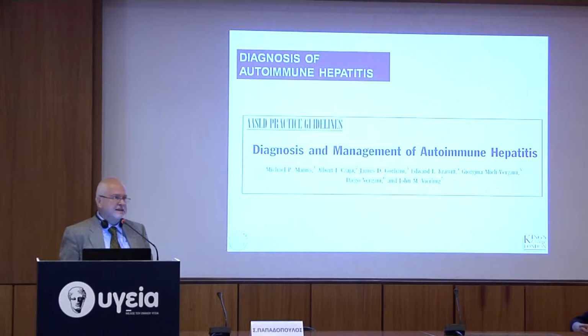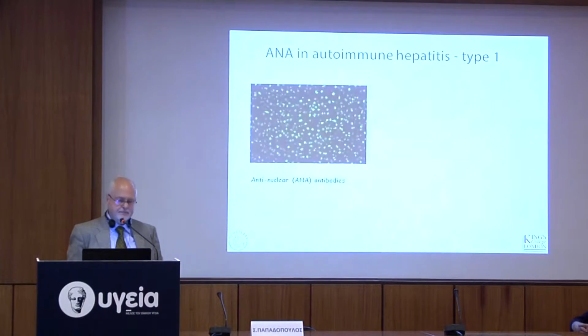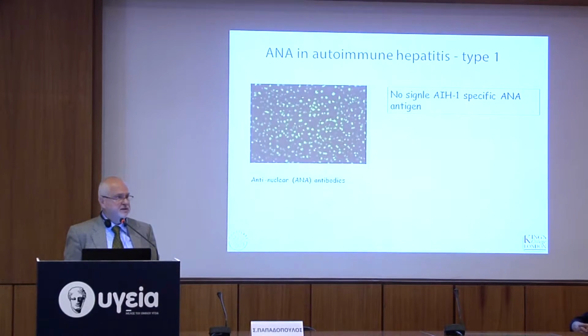And the board of AASLD told us, in America we don't do immunofluorescence any longer. You are behind us. We do only ELISAs. And we told them, look, ELISAs are not as good as immunofluorescence. So there was a long debate. In the end of the day, we managed to have immunofluorescence in the text. And it is important because antinuclear antibody in autoimmune hepatitis type 1 does not have a specificity.